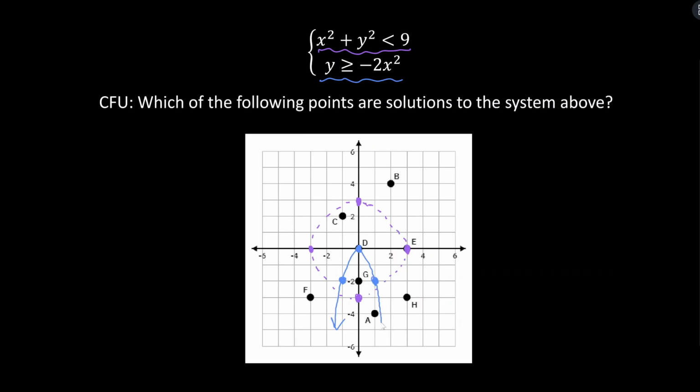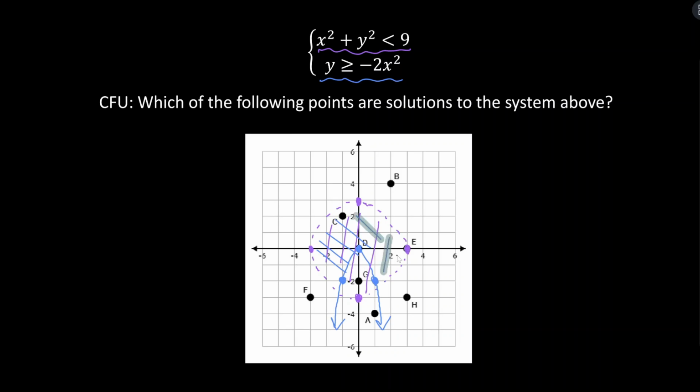Solid curve through there. And now where am I shading? Well, from the first one I shaded inside the circle, right? So I guess I could have drawn some lines there. And from the second one I'm shading above this parabola, above. I don't know if we've done this before, where we've shaded above a parabola that's opened down. So since I'm shading above, I'll have lines going a different way.